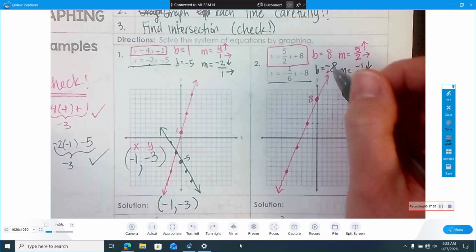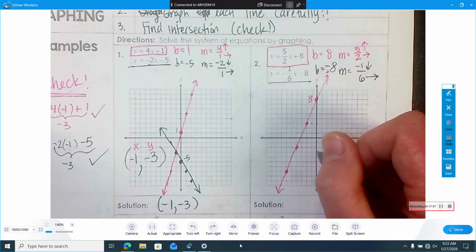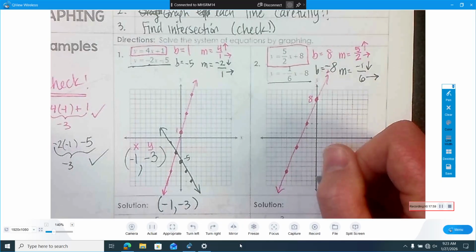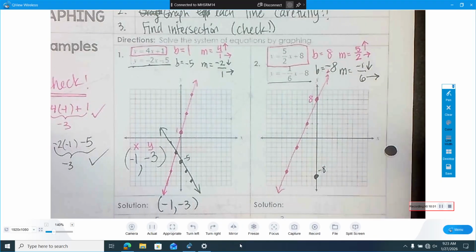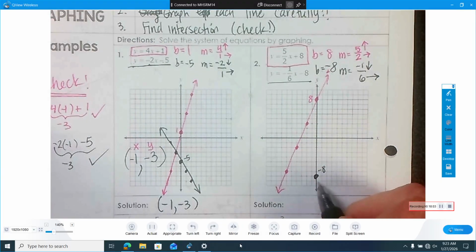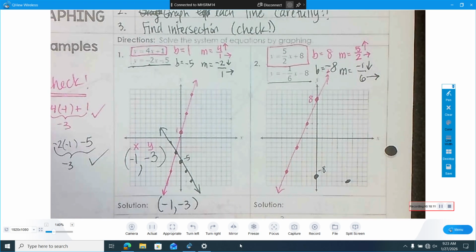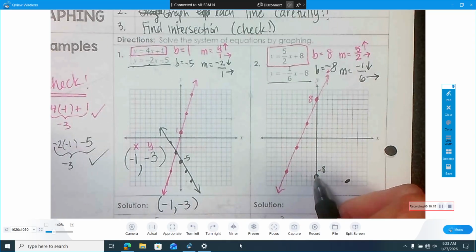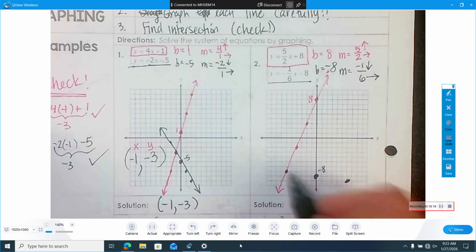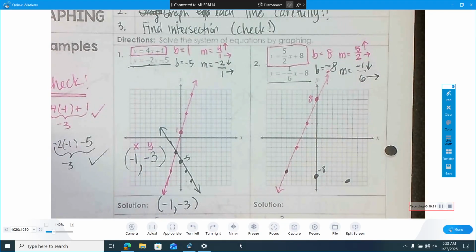We're going to start at negative 8. 1, 2, 3, 4, 5, 6, 7, negative 8. And it said go down 1 for the slope and right 6. 1, 2, 3, 4, 5, 6. But I need to go full reverse. So I'm going to go up 1 and 1, 2, 3, 4, 5, left 6, and ding, ding, ding, I found my intersection point.